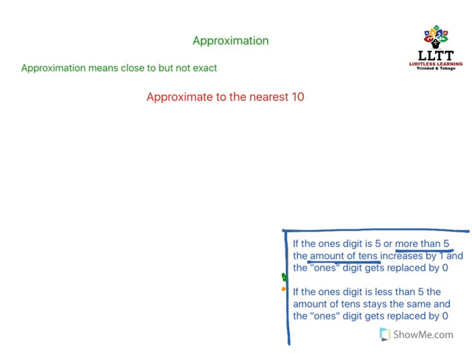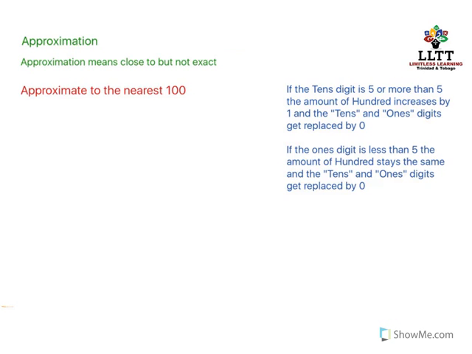Now we're going to use that same procedure, but we're going to adjust it when we're approximating to the nearest 100. These are our rules. We're going to be looking at the tens digit instead. So when we were approximating to the nearest 10, we looked at the ones digit. When we're going to approximate to the nearest 100, we're going to look at the tens digit.